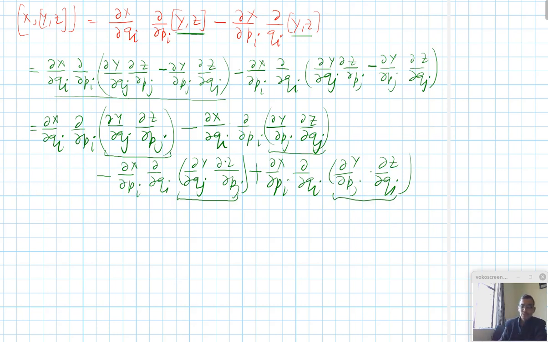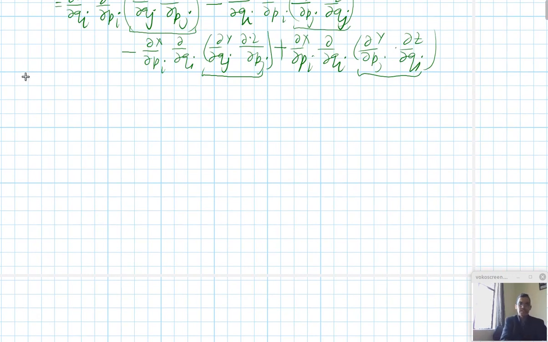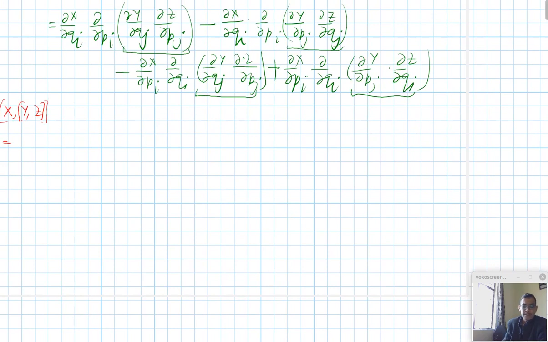If I apply the product rule here, then I can write that the whole Poisson bracket [X, [Y, Z]] must be equal to ∂X/∂qi, this part, and then applying the product rule here, it is ∂²Y/∂pi∂qj and then ∂Z/∂pj.